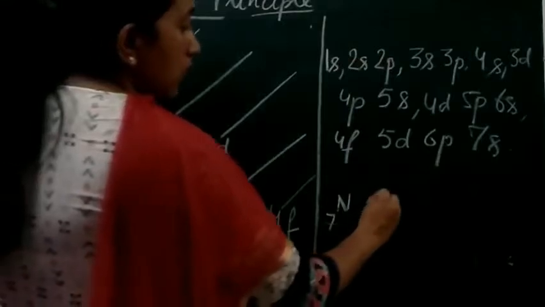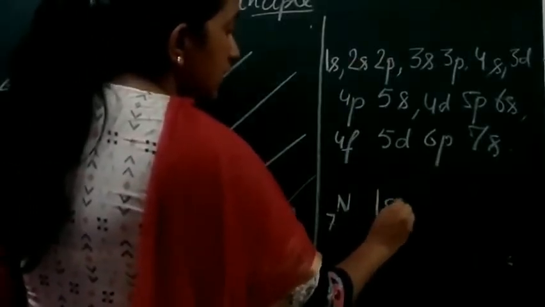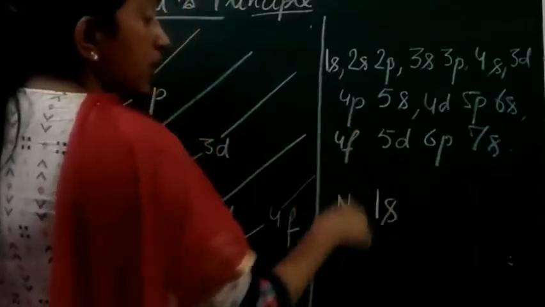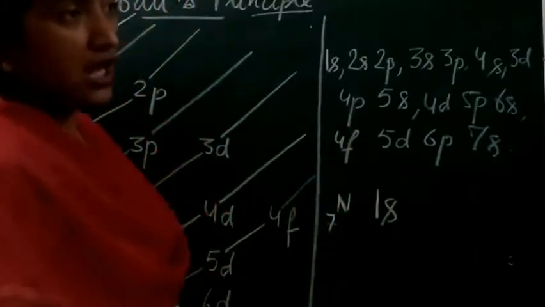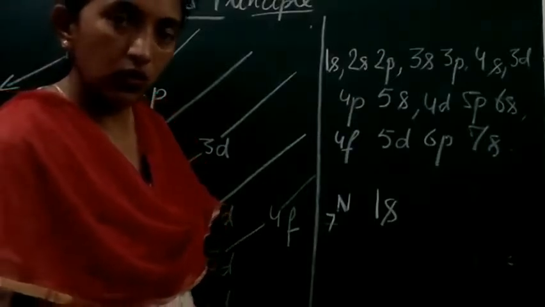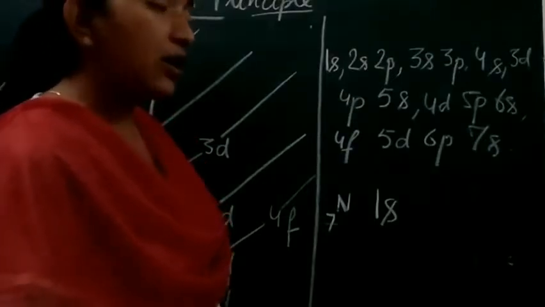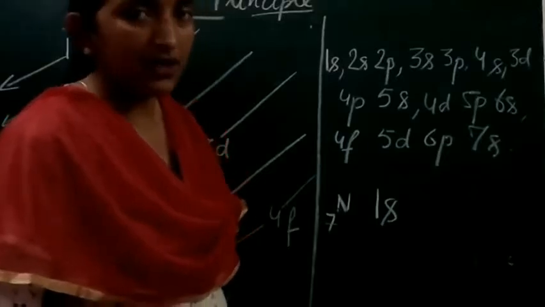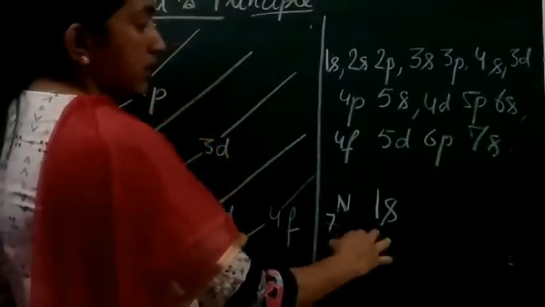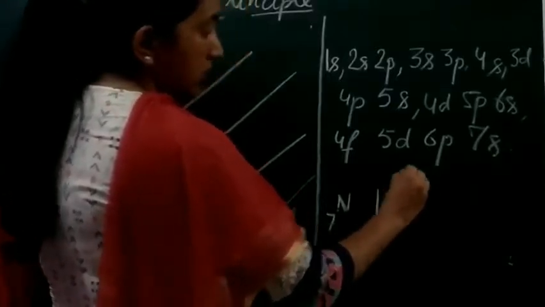First it is 1s. Now you know that an s subshell has got only one orbital, so it can accommodate only 2 electrons. So that means the s subshell will have 2 electrons in it. So it is 1s2.